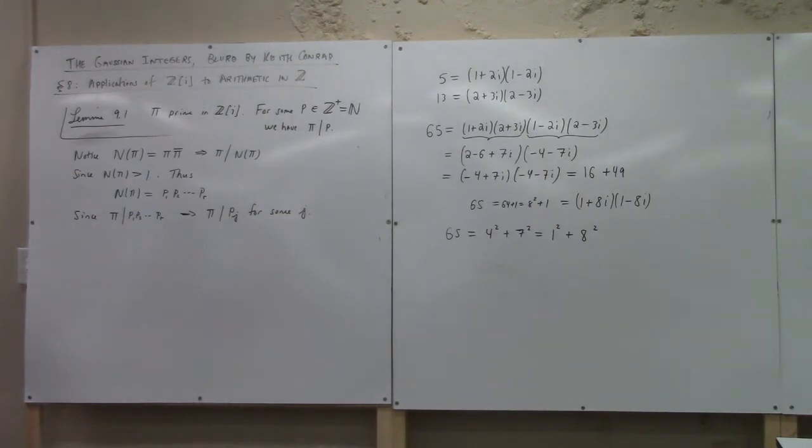He says, as already noted, this lemma tells us that the prime factors in Z[i] of primes in Z plus will give us all Gaussian primes. Let's see here.